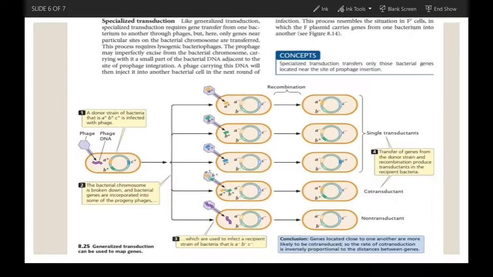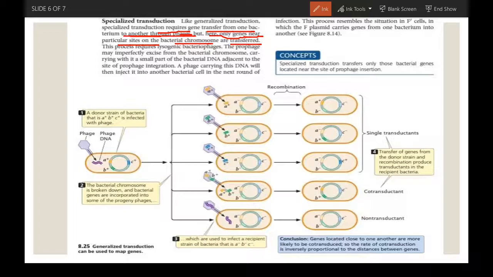In specialized transduction, gene transfer also occurs from one bacterium to another through phages, just like generalized transduction. But here, only genes near a particular site of the bacterial chromosome are transferred.